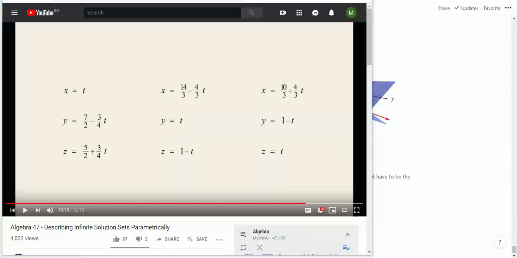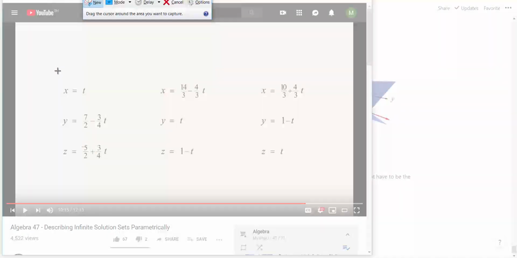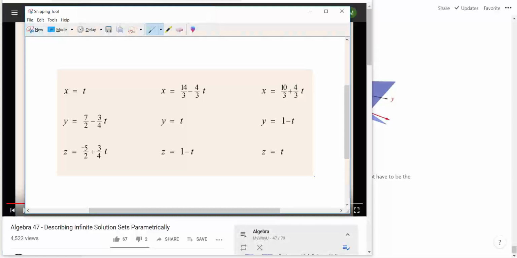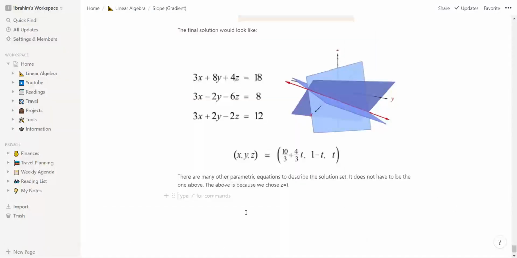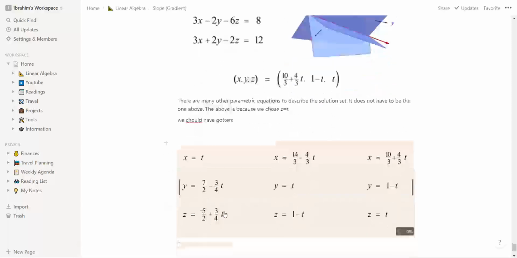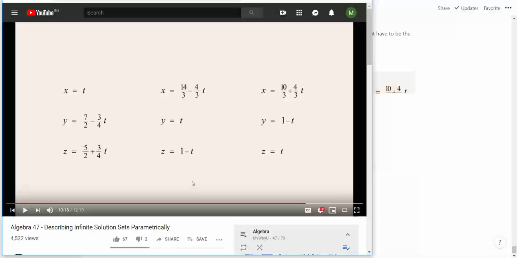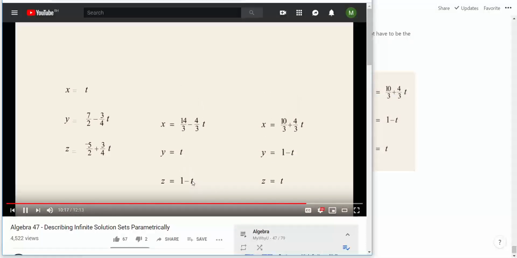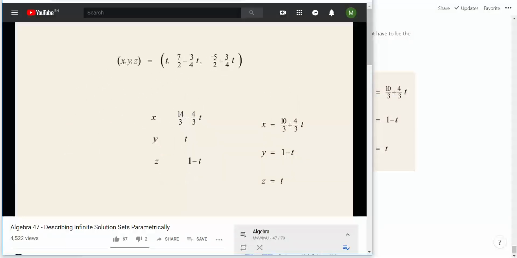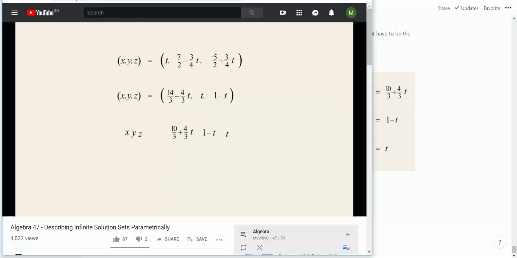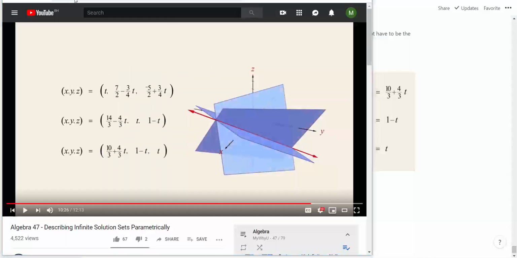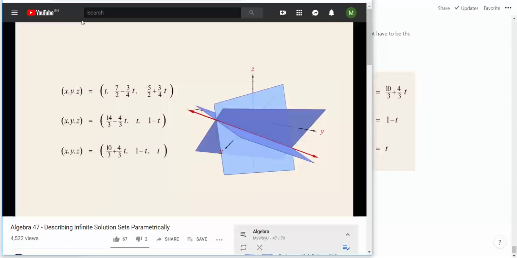These changes would have produced different parametric equations and different ordered triples. However, these different parametric equations are all valid and would still describe the same solution set.